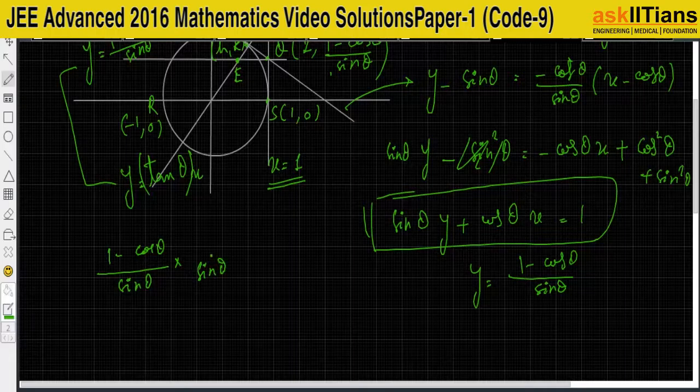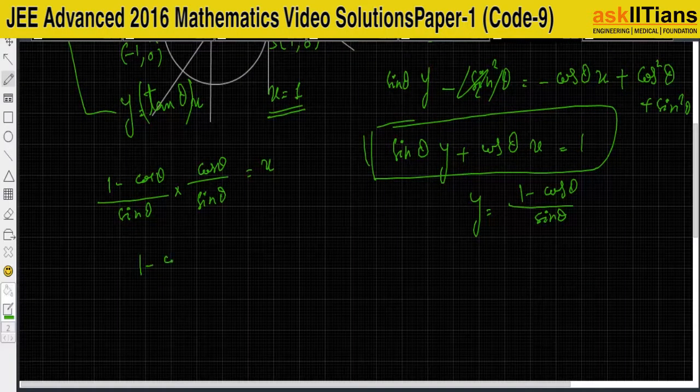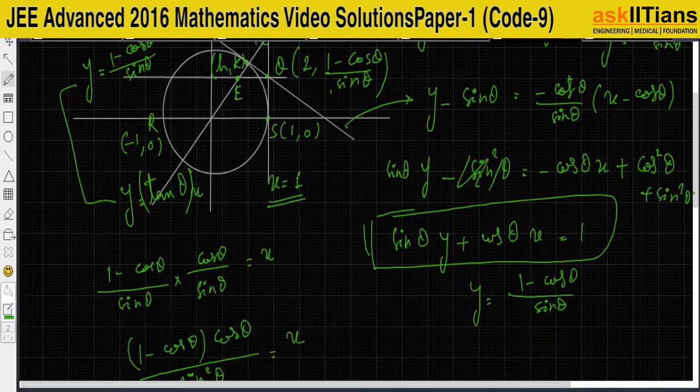So divided by sin theta, and here cos theta, this will be x. So this is nothing but (1 minus cos theta) into cos theta divided by sin square theta, and this is x. K is (1 minus cos theta) divided by sin theta, yeah.